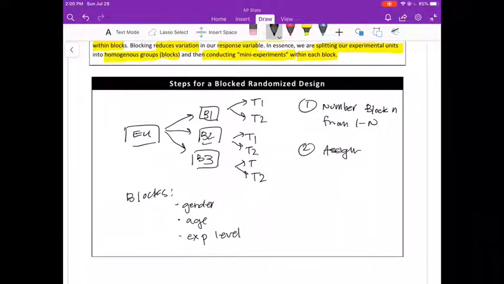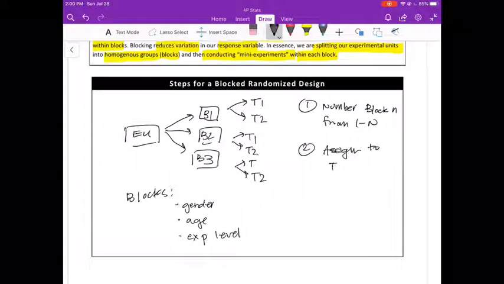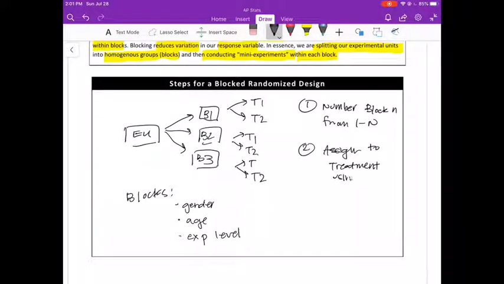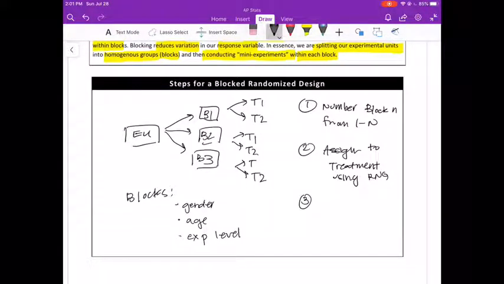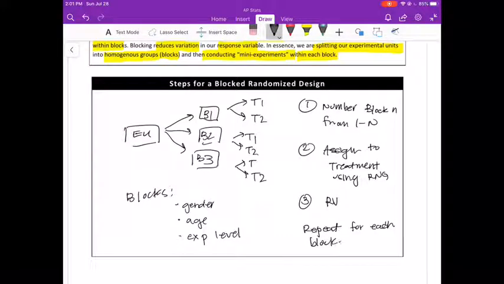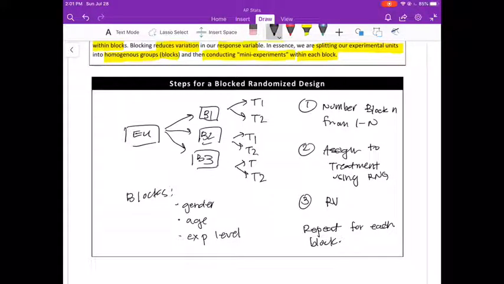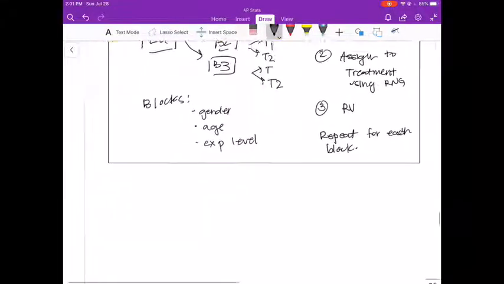Assign to treatment using a random number generator, and then 3, measure. 3 would be your response variable, and then repeat for each block. Okay, so let's go ahead and go over the model problem.